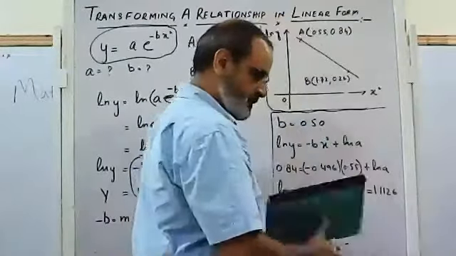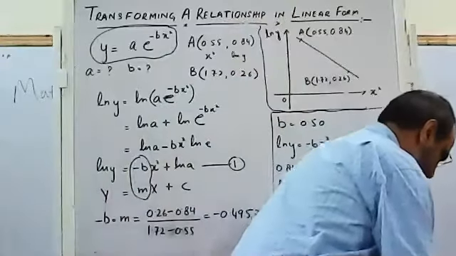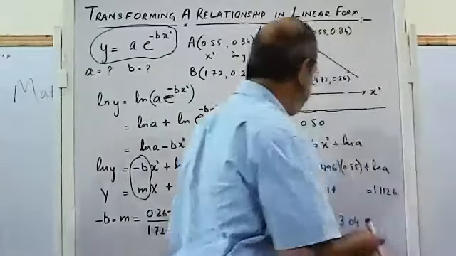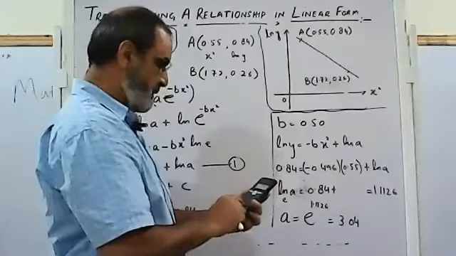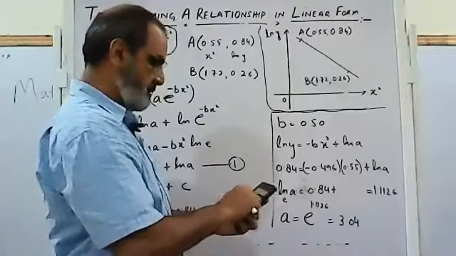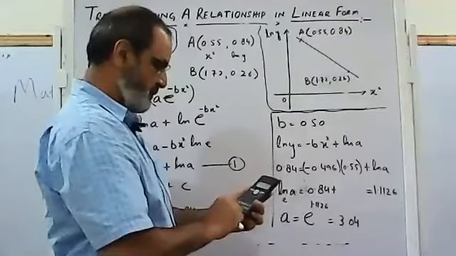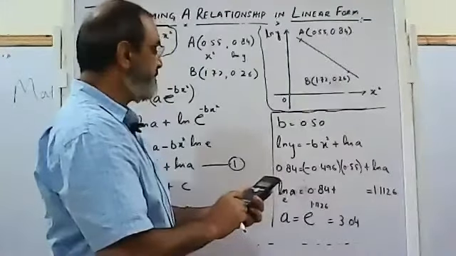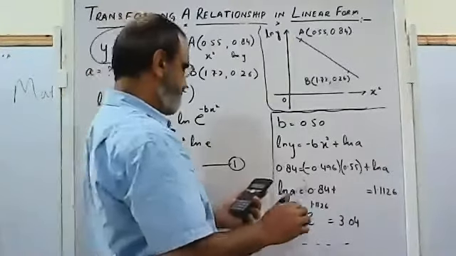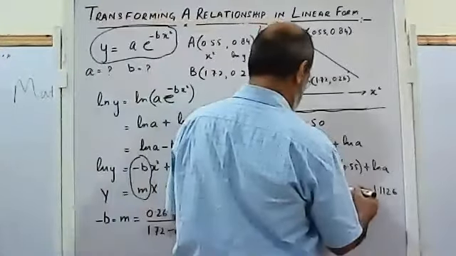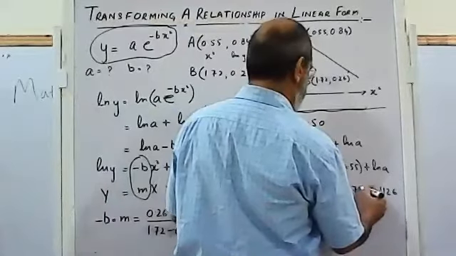Let me use a calculator. 0.496 into 0.55 comes to be 0.272.